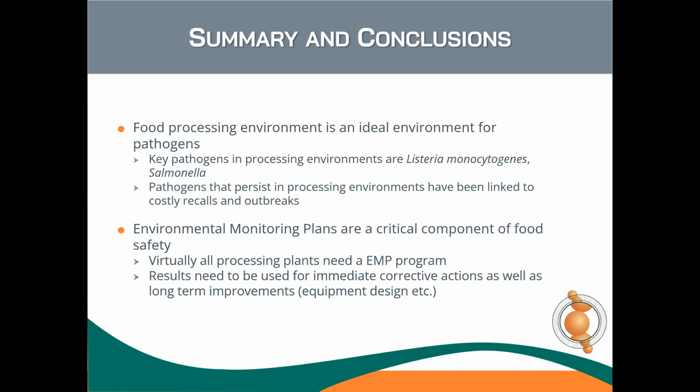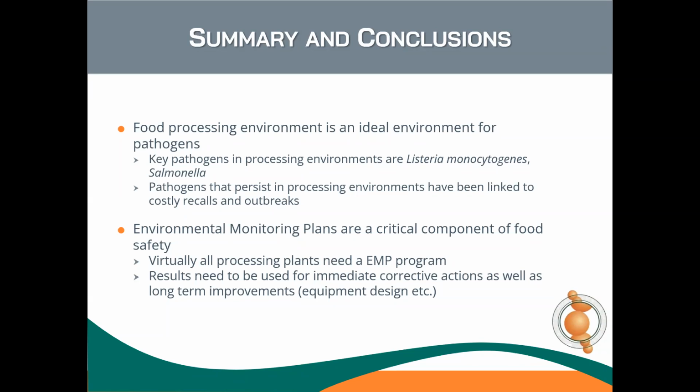So just to summarize a bit, there are two main takeaways from our talk today. A food processing environment is ideal for the survival of pathogens. Key pathogens to remember are your Listeria monocytogenes and Salmonella. Pathogens that persist in the processing environment have been linked to costly recalls and outbreaks.